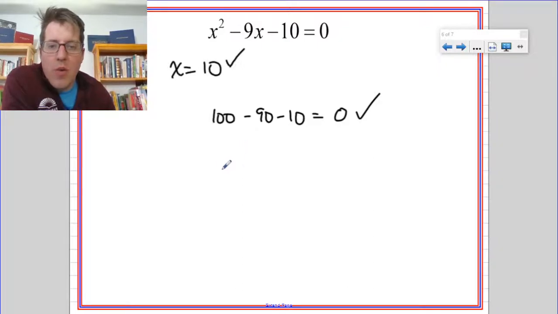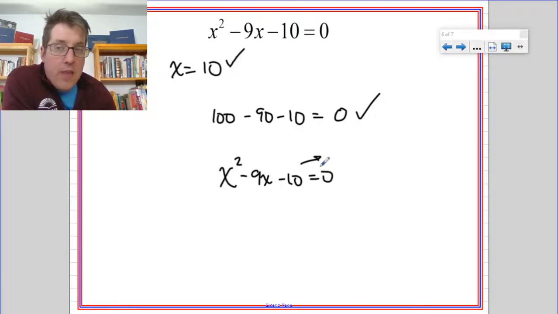Well, I could take my equation and I could factor. So remember, factoring is a process of looking at the last term and saying, hey, what multiplies to negative 10 and adds to make negative 9?